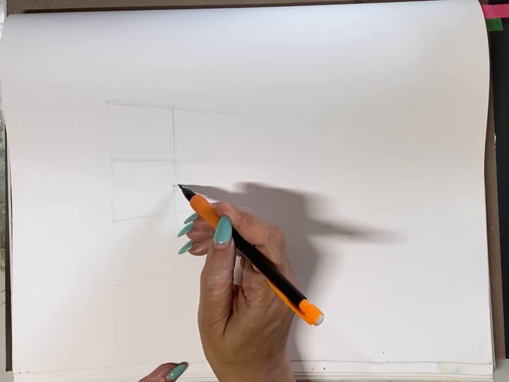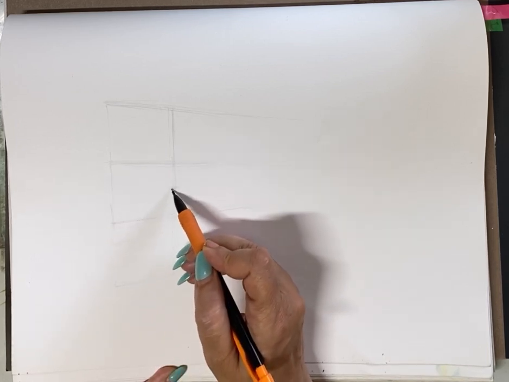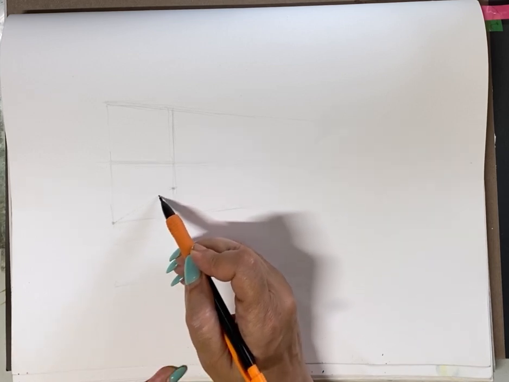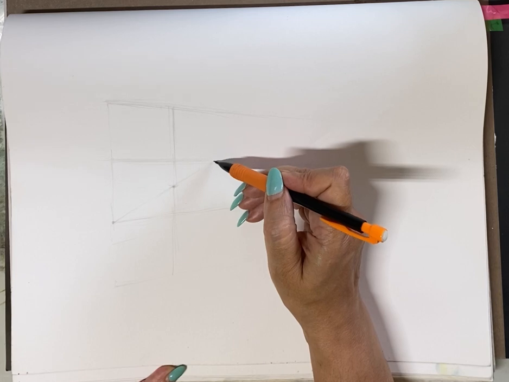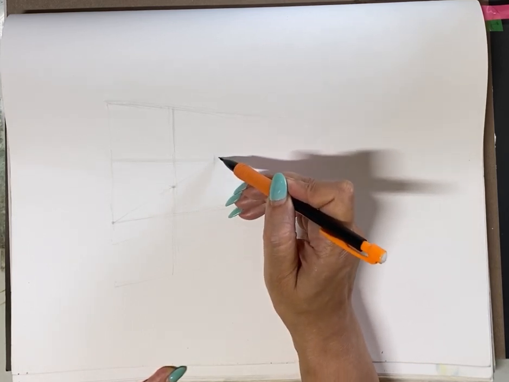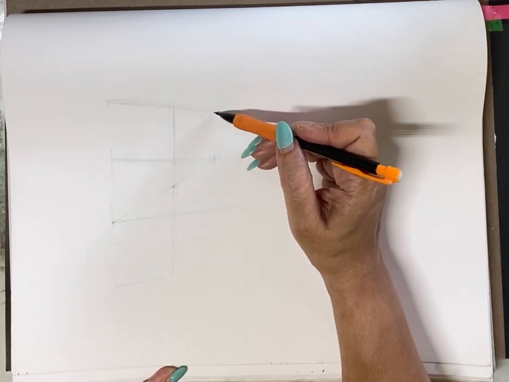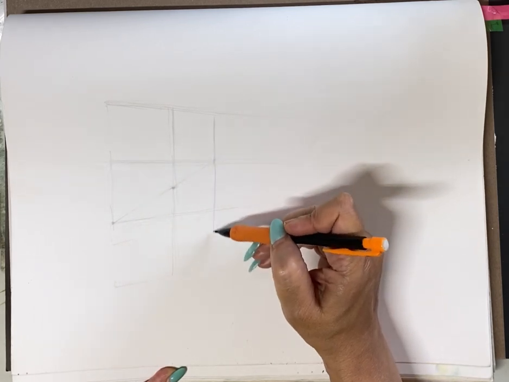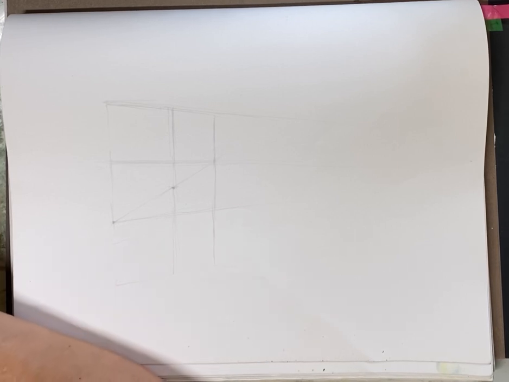Then it's in the completely middle of this square, and just from this corner connect it to that and continue until it meets and crosses this line. Then you know where the other square shape that we have is.